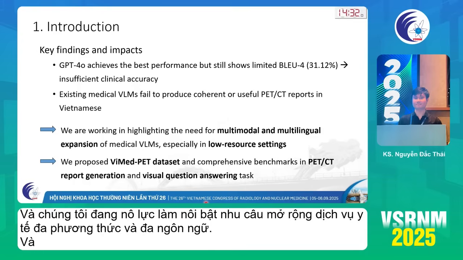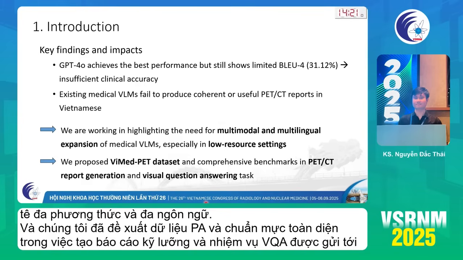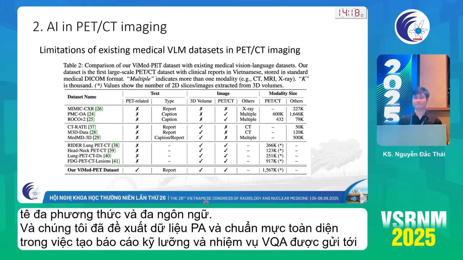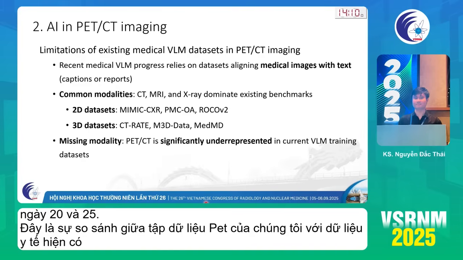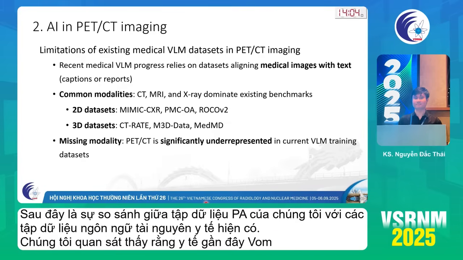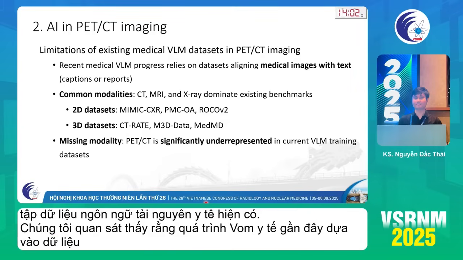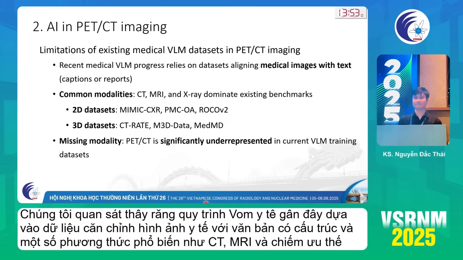And we propose the ViMed-PET dataset and a comprehensive benchmark in PET report generation and VQA tasks, which is submitted to NeurIPS 2025. Here is the comparison of our ViMed-PET dataset with existing medical vision-language datasets. We observed that recent medical VLM processes rely on data aligning medical images with structured text, and common modalities like CT, MRI, and X-ray dominate the existing benchmarks.